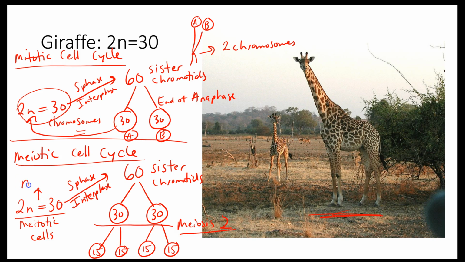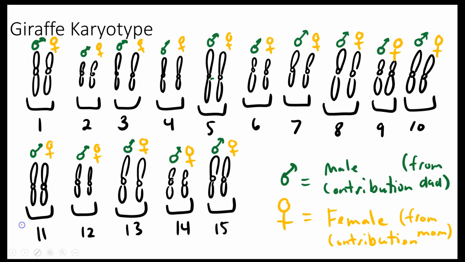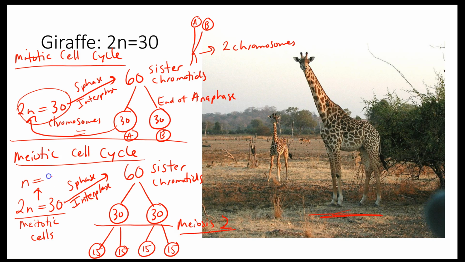Remember, we said n equals half of that 2n. So now we're looking at n equals 15, which is what we've achieved here. So that's a brief description of the differences between the mitotic cell cycle that produces diploid cells and the meiotic cell cycle, which produces haploid gametes used for reproduction.